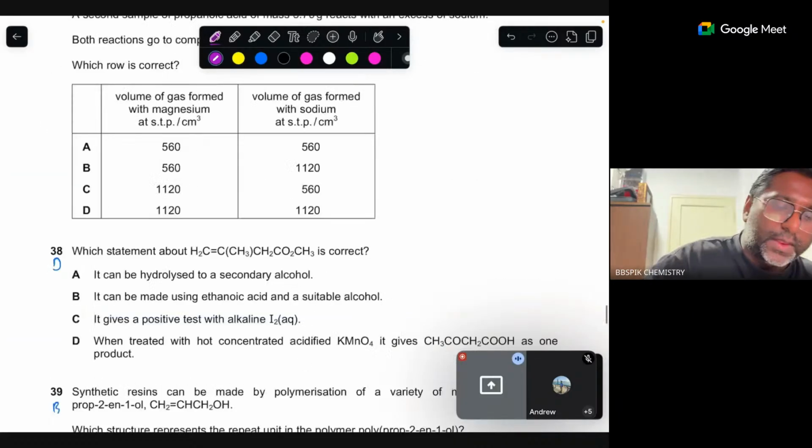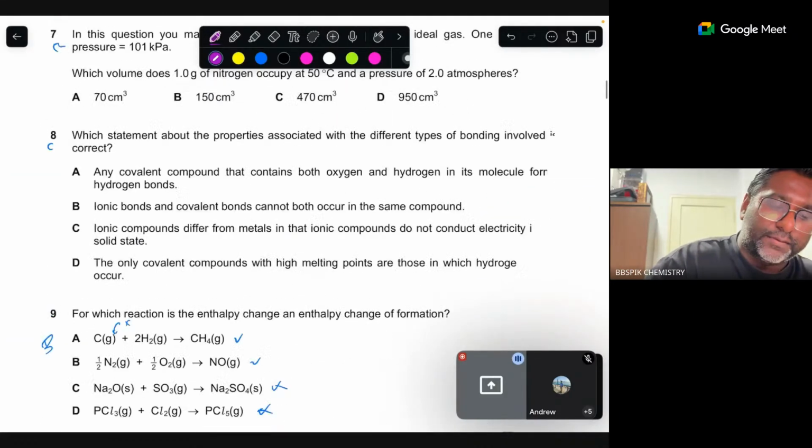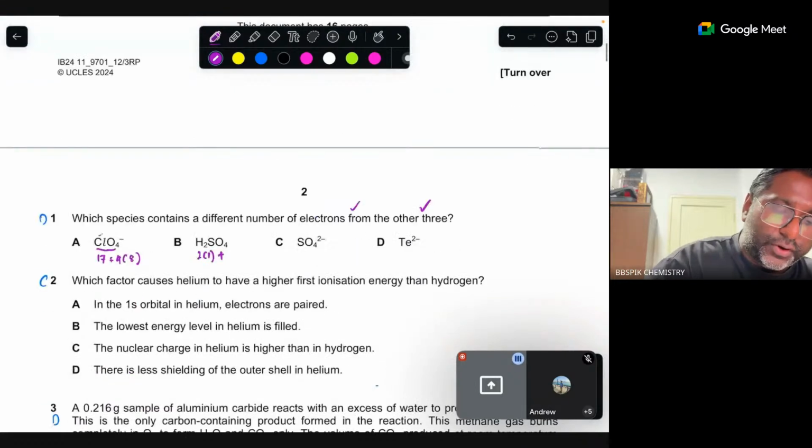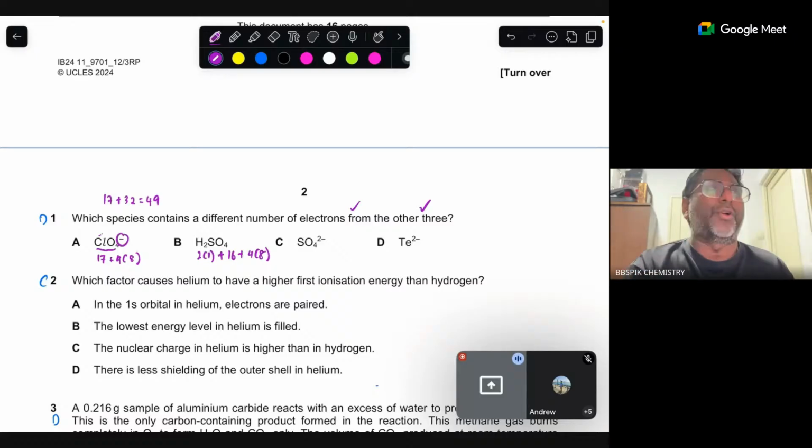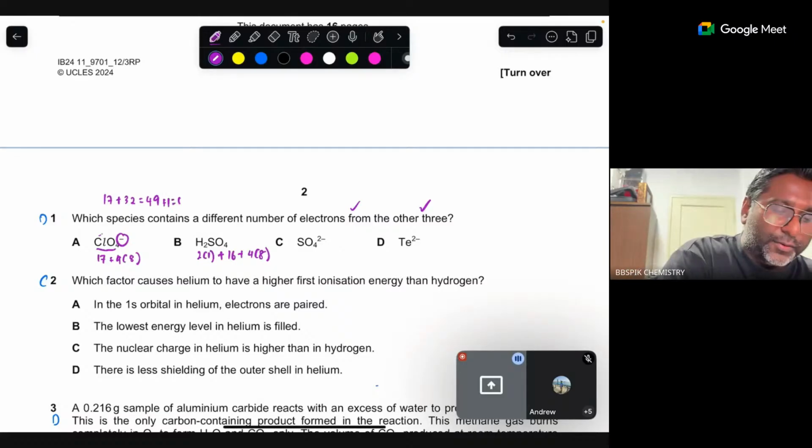So electrons: this is going to be 16 plus 4 times 8, so 17 plus 32. That is a total of 49. But there is a negative one charge over there, so plus 1, so 50.